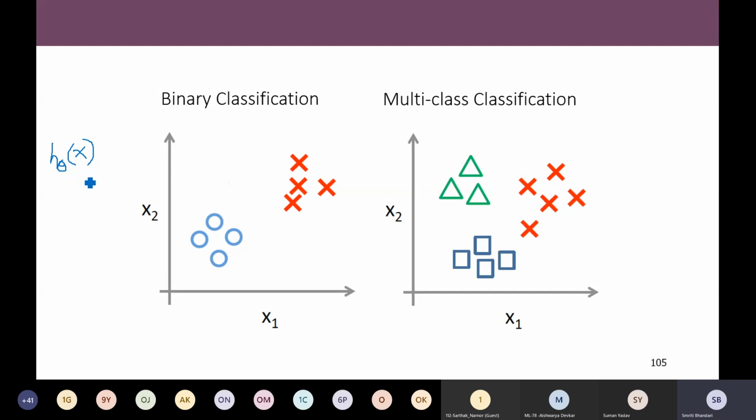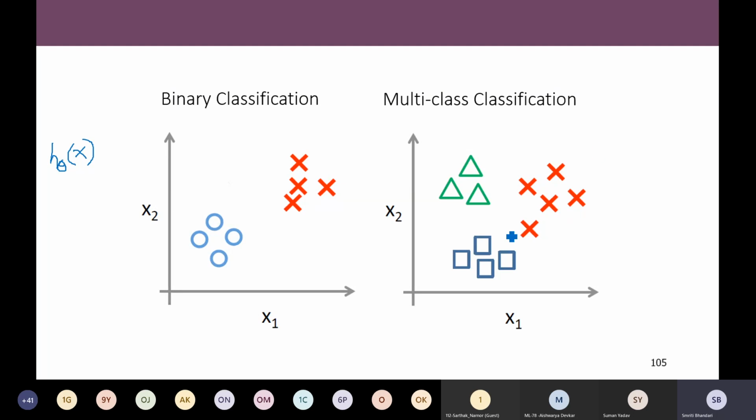By means of this h theta x, it was possible for me to find out the probability that the sample belongs to class 1, right? So if that probability is greater than or equal to 0.5, I may say the class is 1, otherwise I will say that the class is 0. This is how we use logistic regression for binary classification.